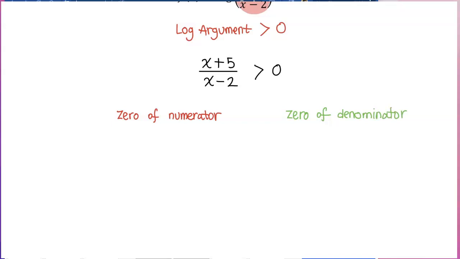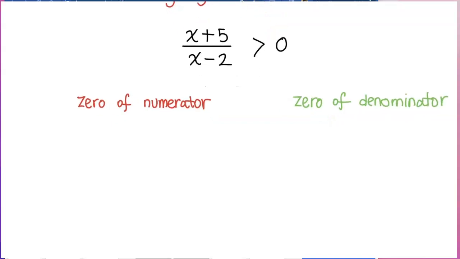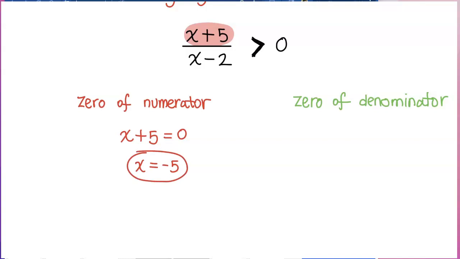So let me highlight the numerator first, okay? The numerator is x plus 5. What makes that 0? X plus 5 is 0 and x is negative 5. Because the symbol says just greater than, it can't be equal to, we need to make sure that we plot an open circle at negative 5.